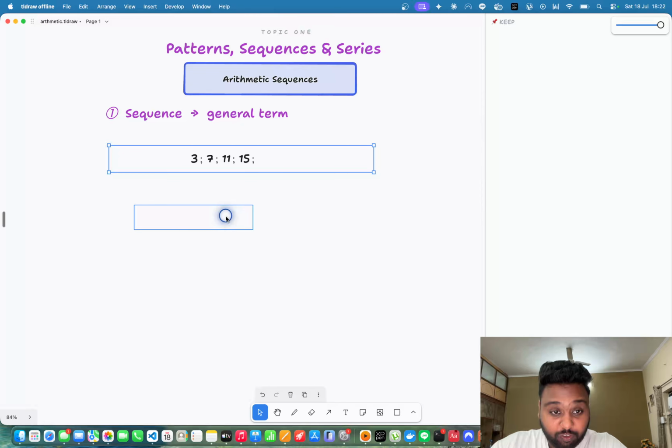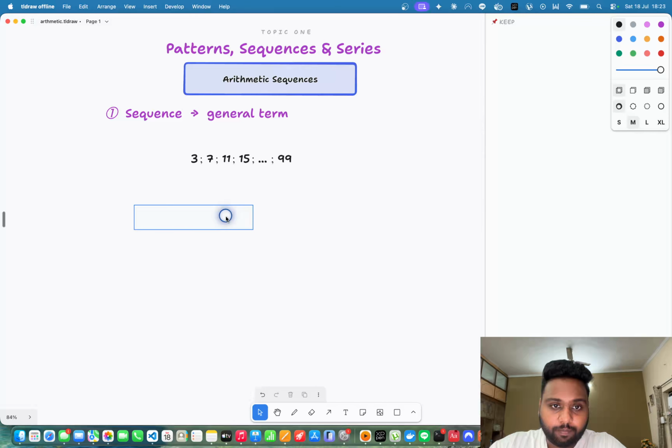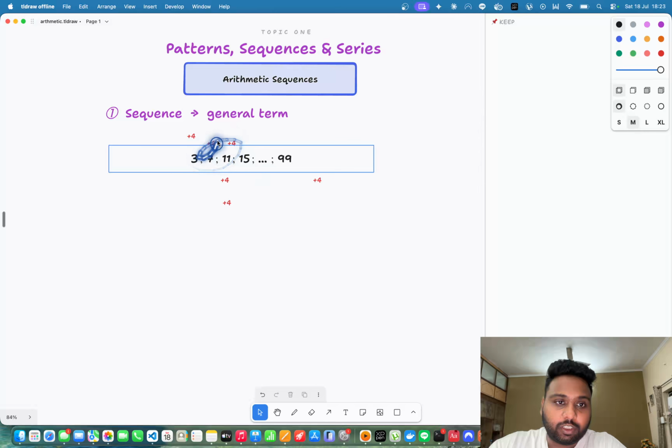A sequence where the difference between each term of the sequence is a constant. You can see the difference is plus 4 every time we go from one term to the other.